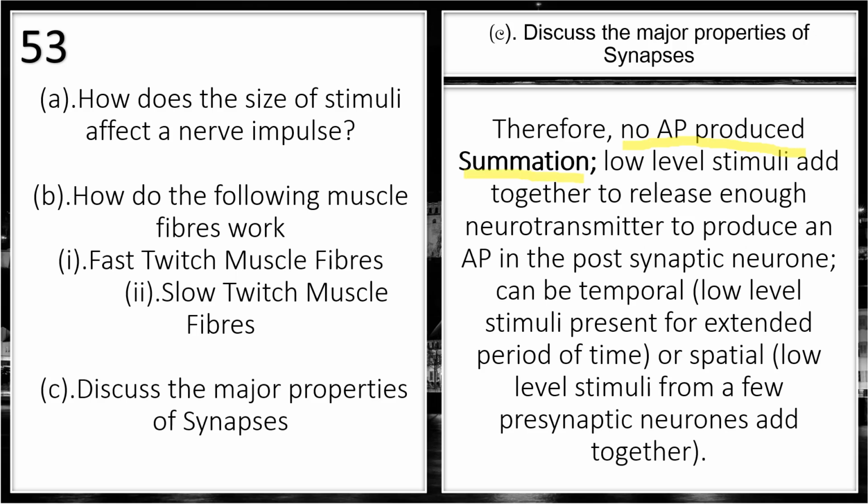Summation. Low-level stimuli add together to release enough neurotransmitter to produce an action potential in the postsynaptic neuron.